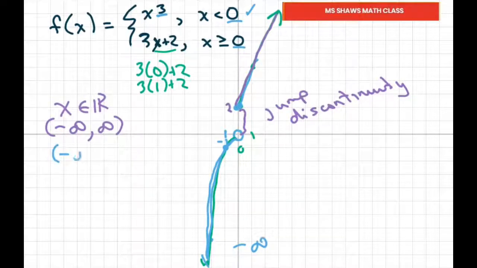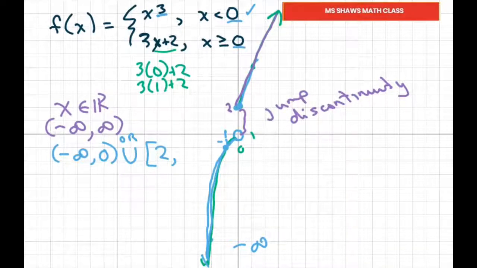So that's negative infinity, but it can't equal 0. And then you use the union sign, which means or. We start at 2 on the y, and then we go to infinity. So that's your range.